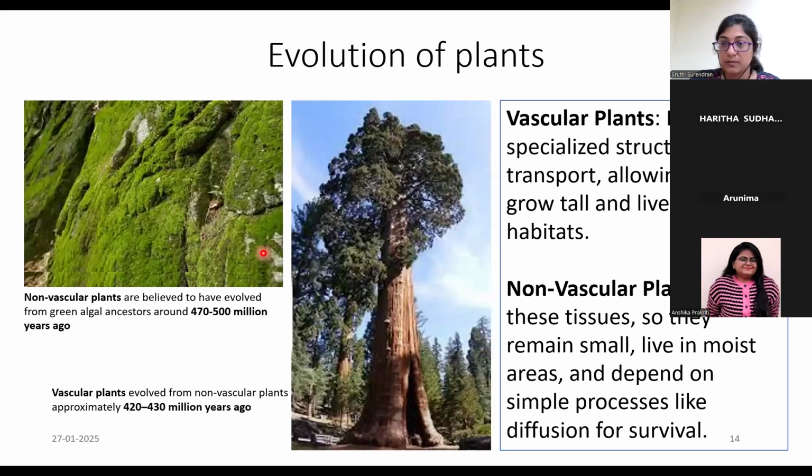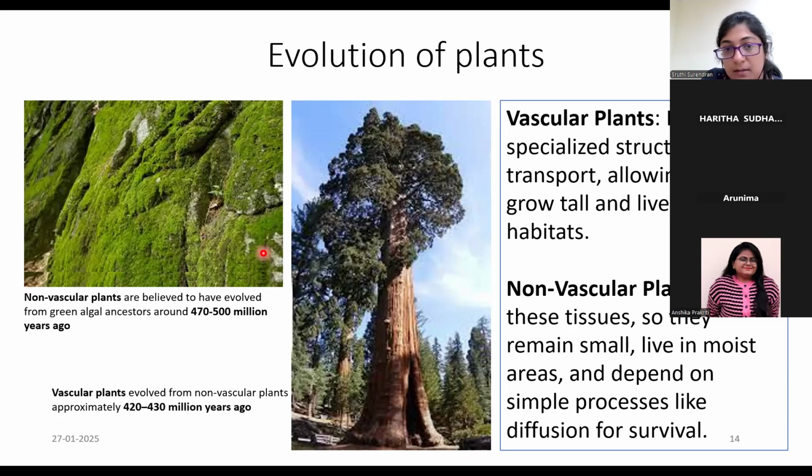We'll now be moving on to those parts of plant physiology or plant structure that we require for our course, and we'll start with how plants evolved from non-vascular plants to vascular plants. Non-vascular plants were the first kinds of plants that appeared on Earth. They are plants that do not have a very complex transport system for transporting water.